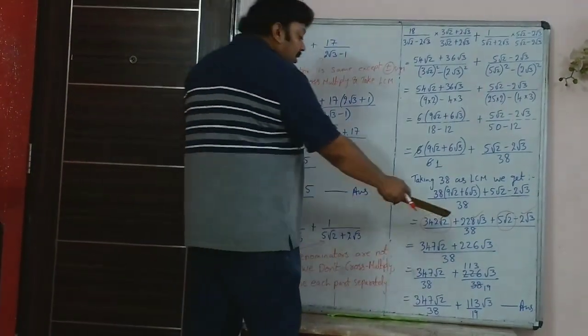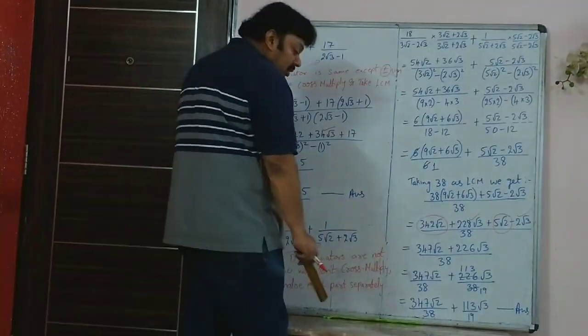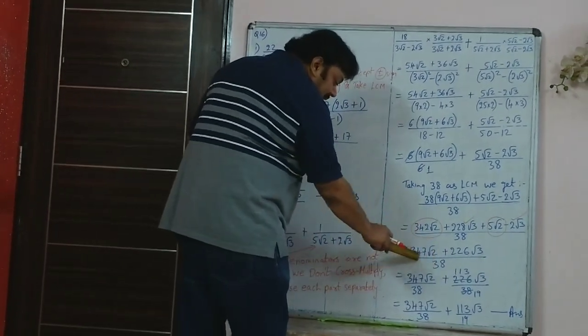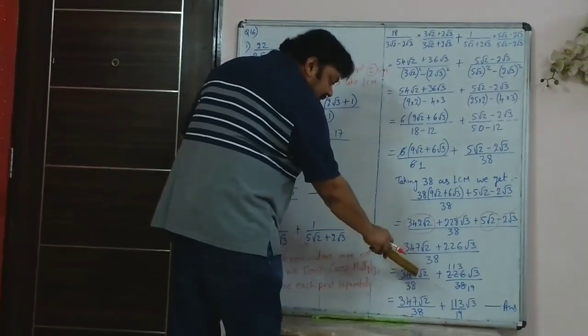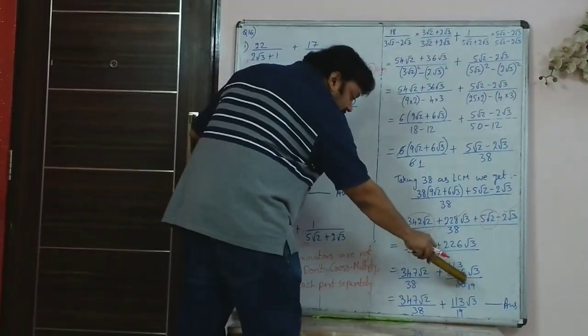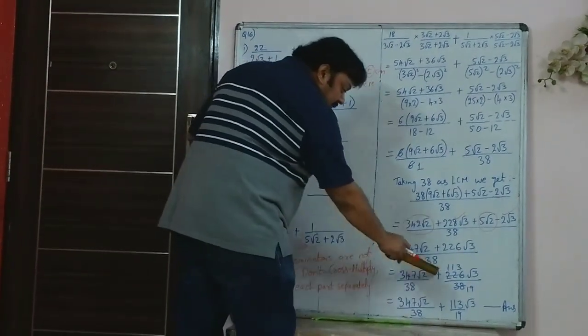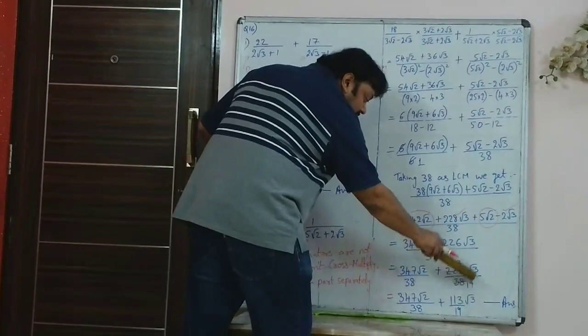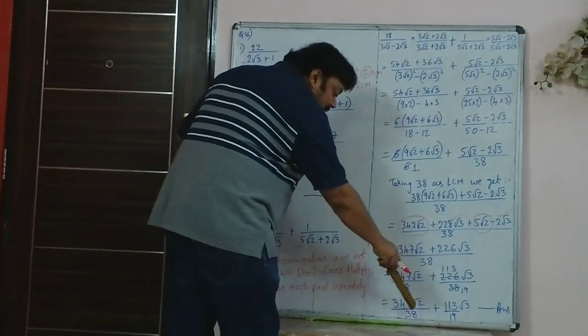And the denominator is 38, common for both. So I split this and write it separately: 347 upon 38 root 2, and 226 upon 38 root 3. Now these two numbers go by 2. So 113 upon 19 root 3, and this number remains the same.